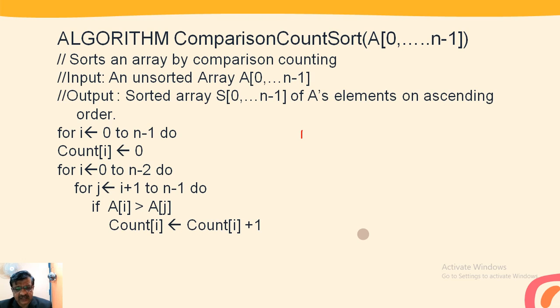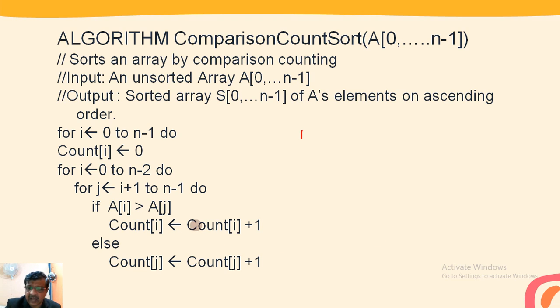On the other hand, if A[i] is less than the other element, then the other element's count should increase, because this element is lesser than that particular element. Therefore the other element should receive an increased value as far as count is concerned, because this will be accommodated as an element which is lesser than the other element.